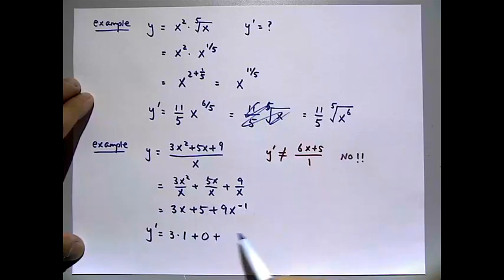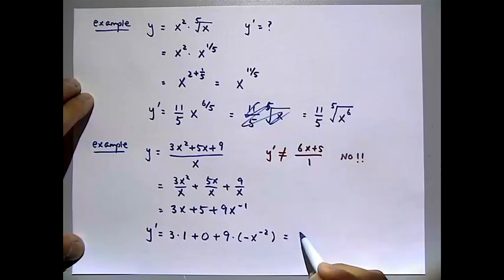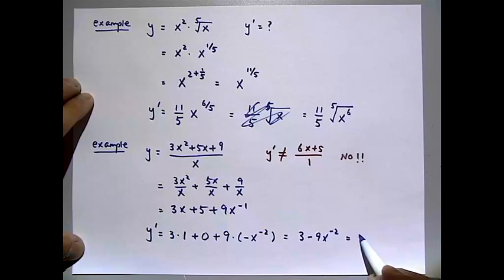And 9 multiplied by this, the 9 doesn't do anything, 9 just waits. And then x to the minus 1 gives negative x to the negative 2. So in the end, we get 3 minus 9 x to the minus 2, or 3 minus 9 over x squared.